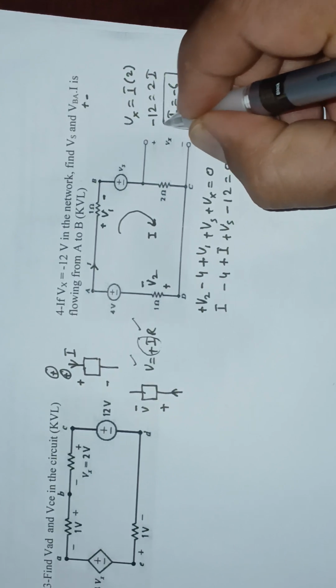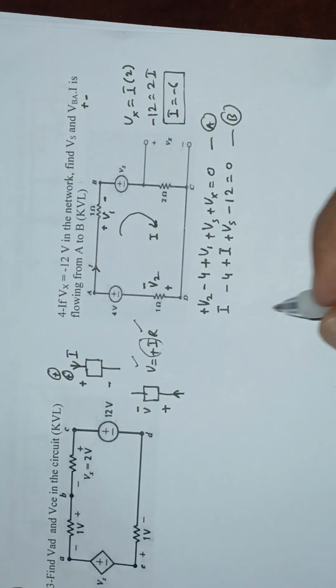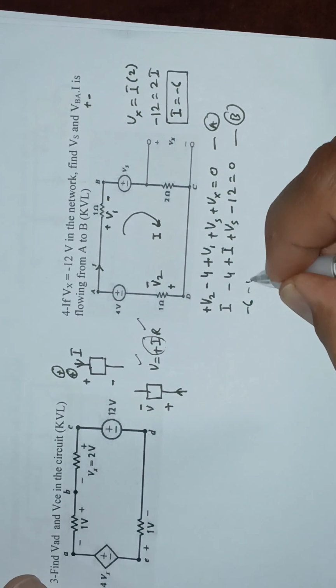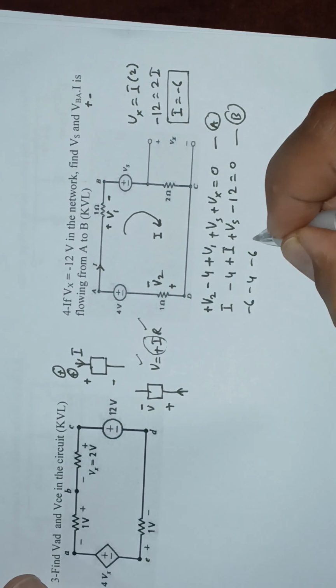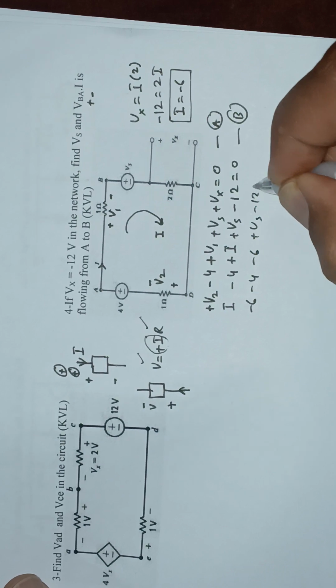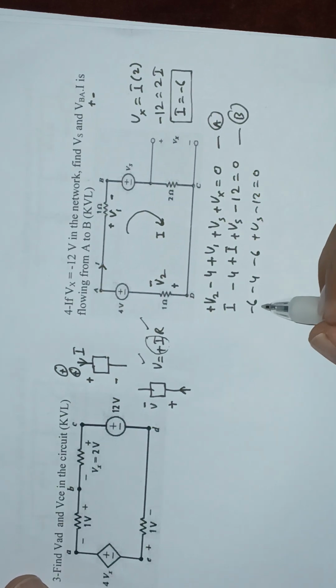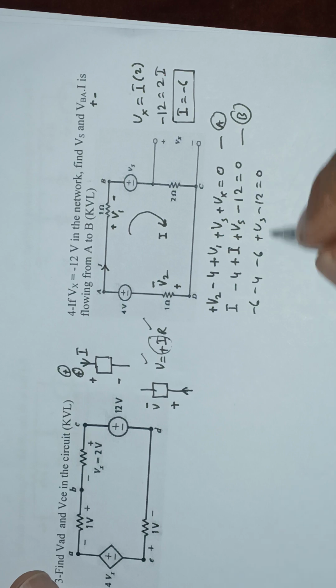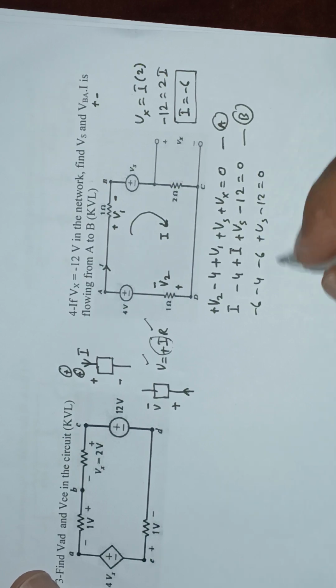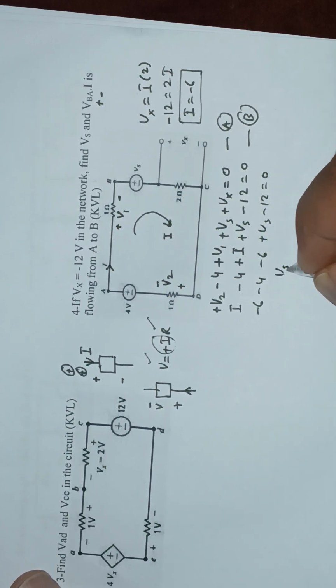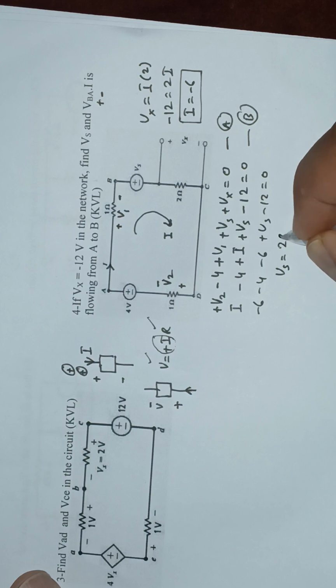So I will insert this I equal to minus 6 here: minus 6 minus 4 minus 6 plus Vs minus 12 is equal to 0. So this is 12, 24 and 4, 28, and Vs is equal to 28 volts.